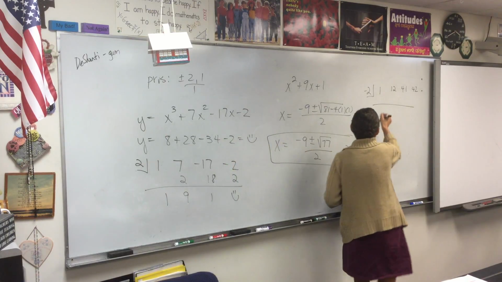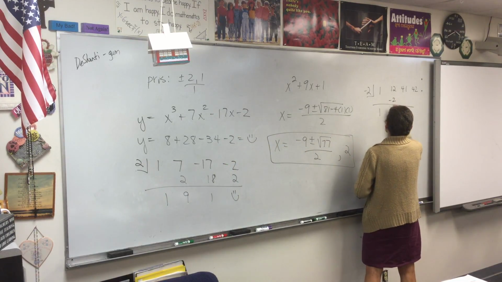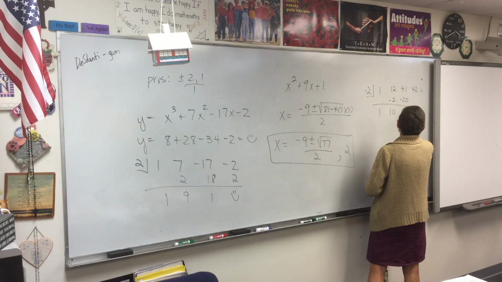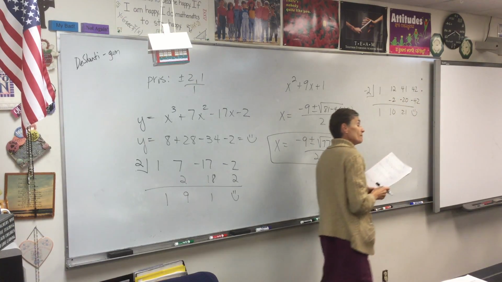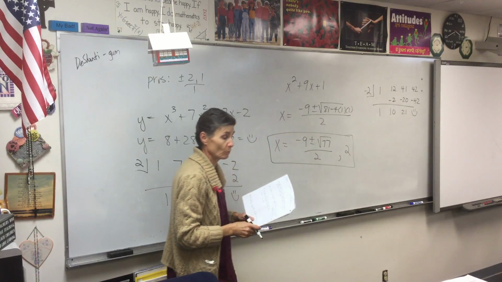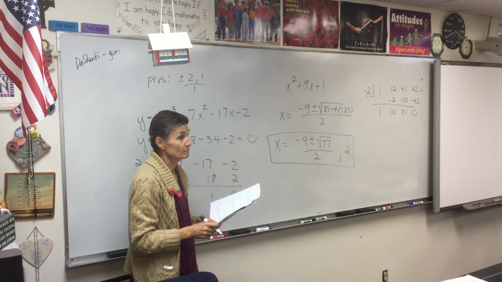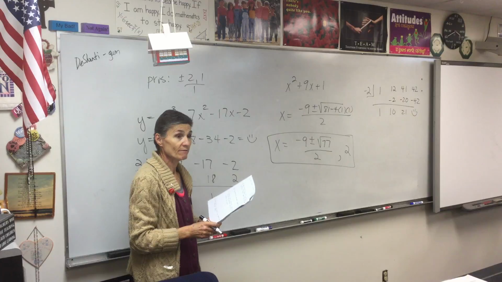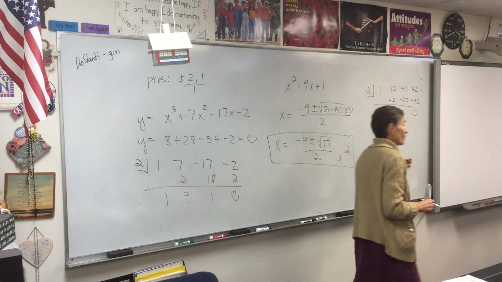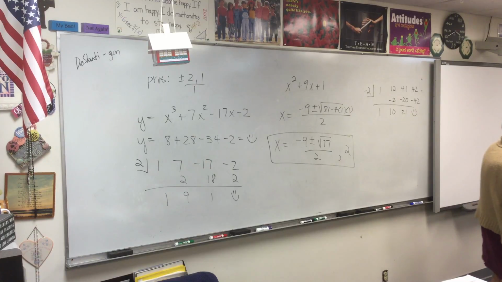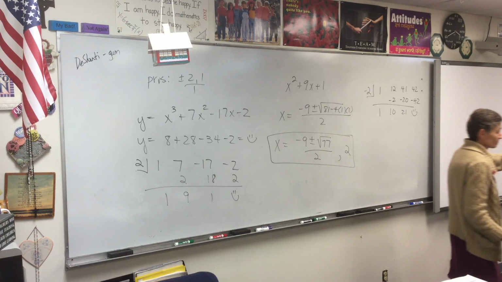So here we go. Did we expect it to come out evenly there with no remainder? Yeah, because they told me it was a factor. So let me stop a minute. I know I'm rushing. When you know a factor, divide it out.